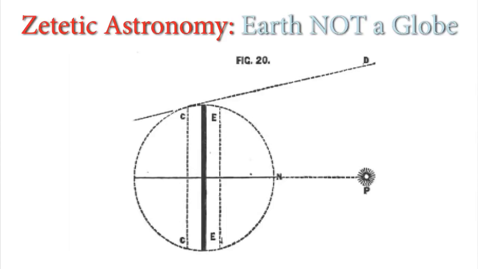The fact then that the polar star has often been seen from many degrees beyond the equator is really an important argument against the doctrine of the Earth's rotundity.